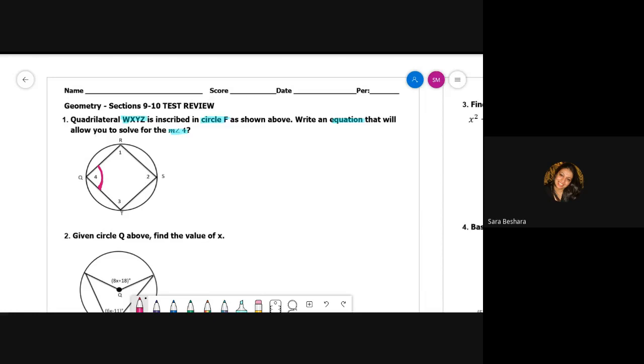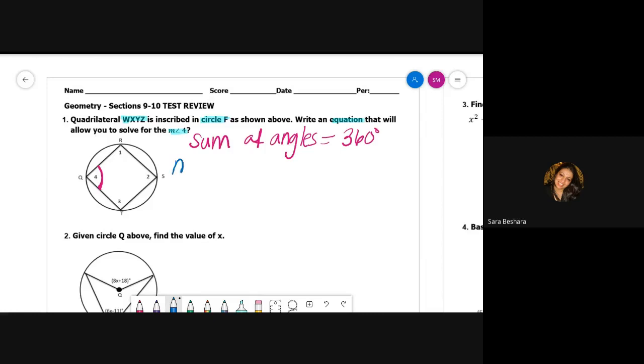Now, in a quadrilateral, the one thing that you all know is the sum of all angles is equal to 360. So for me to find the measure of 4 alone, if I know the measure of 1, 2, and 3, can I just subtract them all from 360?